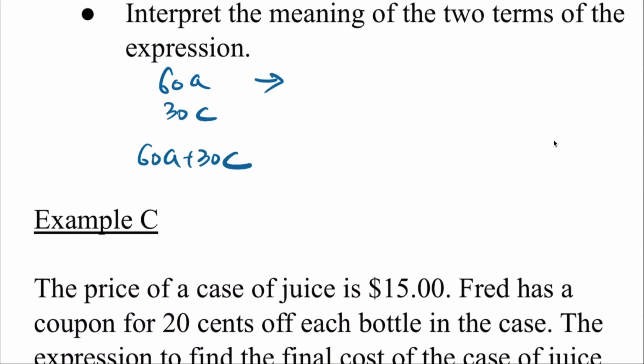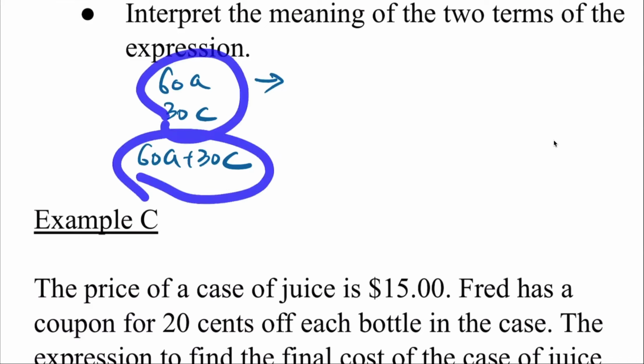So 60A represents the price of admission for A adults. And 30C represents the price of admission for C children. So when you add these two, it is the total price of the two, right?